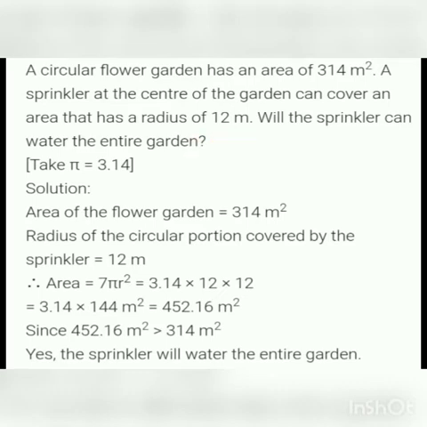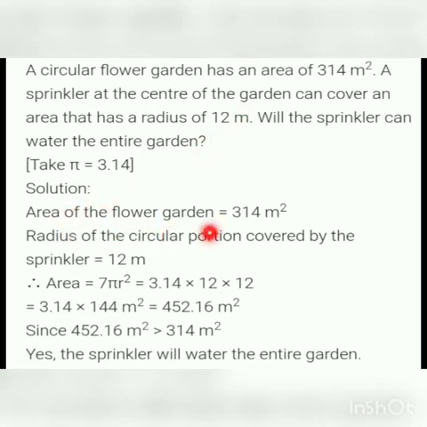So first we have to find what area this sprinkler covers. If it is greater than our area, then we can surely say that it covers. If it is smaller, it means that the garden does not get enough water. So from the given radius 12 meter, we can find the area covered by the sprinkler.